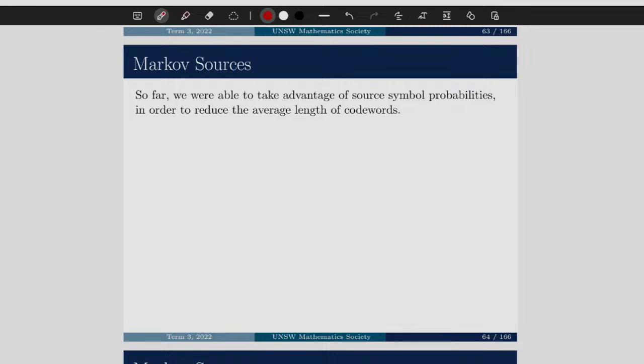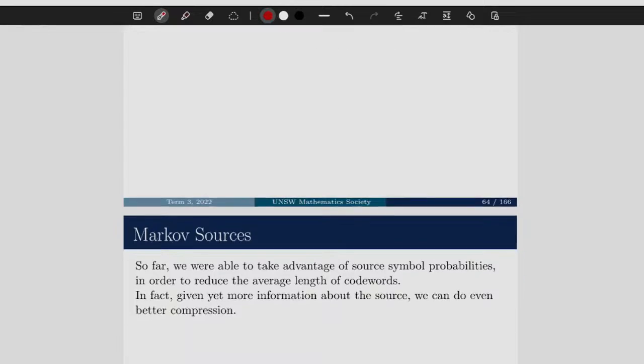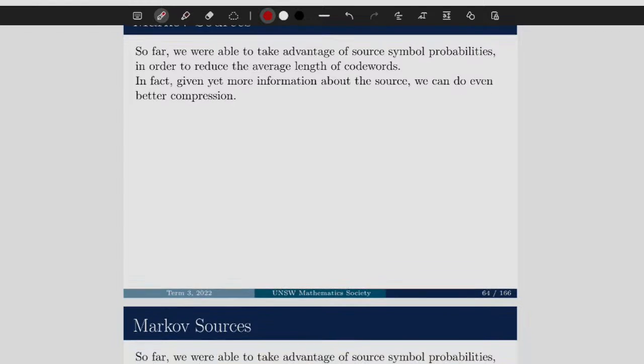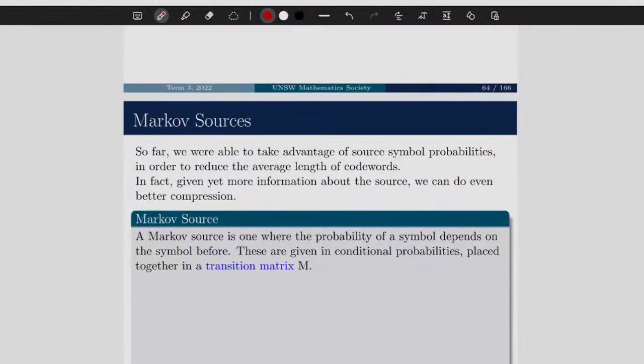Okay. So far we were able to take advantage of source symbol probabilities in order to reduce average length of code words, right? But we can actually do even better compression sometimes, and that's with Markov sources. So we're going to use a transition matrix and Markov sources. Anyway, yes, we're going to use a transition matrix, right?